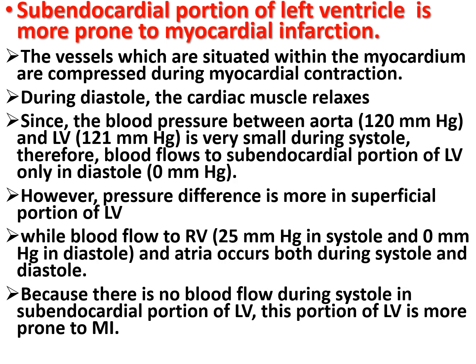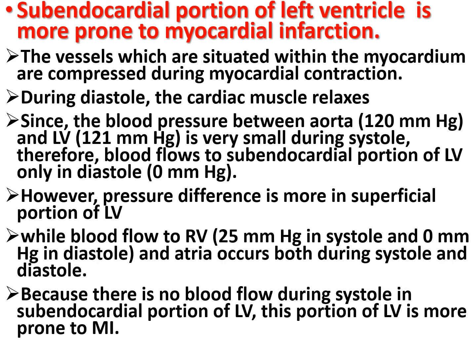Since the pressure difference between the aorta and the left ventricle is very small during systole, the blood flows to the subendocardial portion of the left ventricle only in diastole.